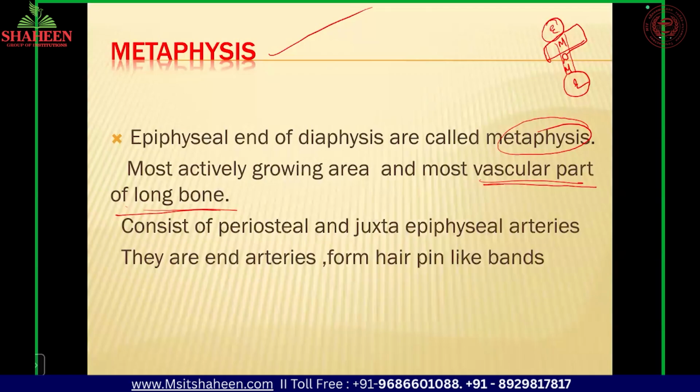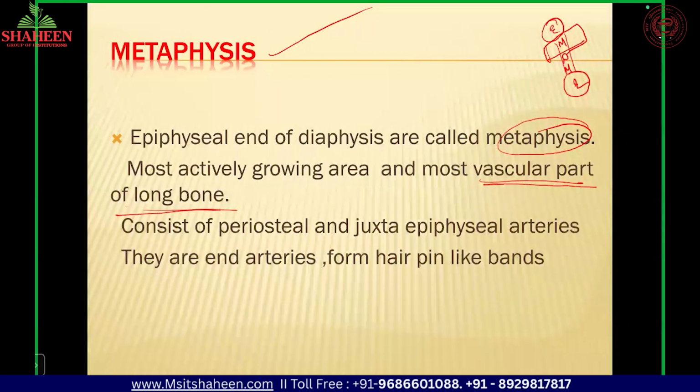Infection of bones is known as osteomyelitis. Because of the rich blood supply, the infectious substance can come more there, so there is a chance of more infections in the metaphysis.